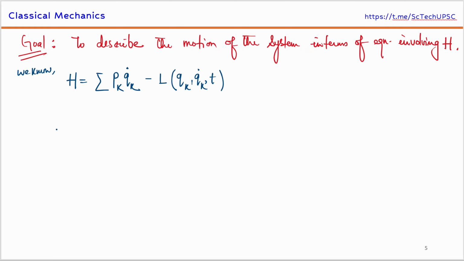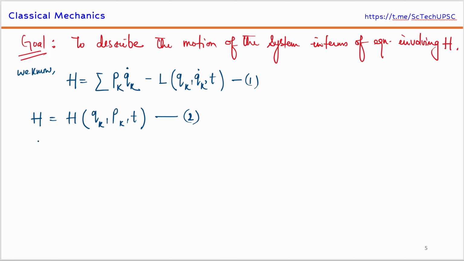This is one thing. And now also write that H is a function of qk, pk and t. Let's put these as equation number 1 and equation number 2.